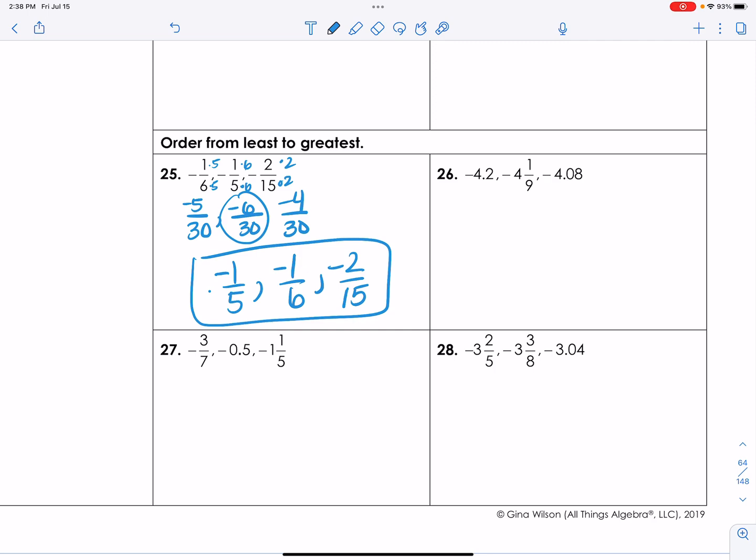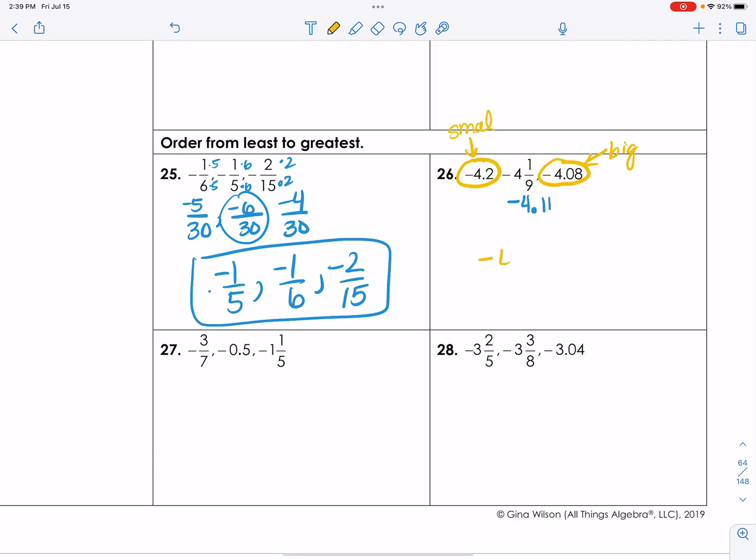So let's take a look at this next one, because I could do this. We were working on this. Isn't this 1, 1, 1? Okay. So the one that's closest to 0 is going to be the biggest. And the one that's farthest away from 0 is going to be the smallest.